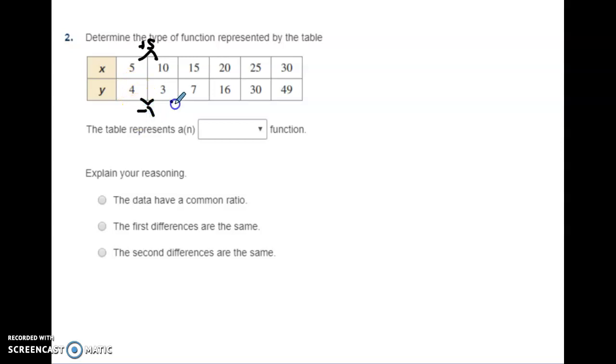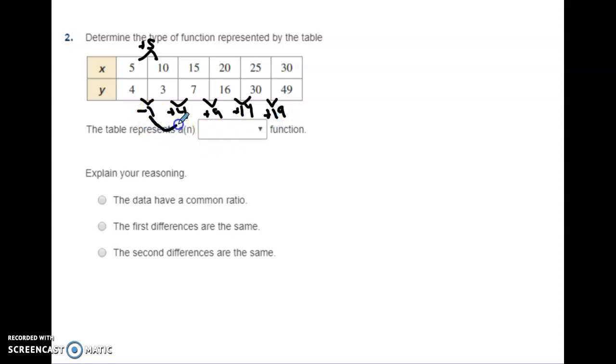That's minus 1. To get from 3 to 7, that's plus 4. They're not looking like they're going to amount to anything, but just keep going because sometimes there's a pattern that you just don't see yet. So that's a plus 9, and this is a plus 14, and then it would be plus 19. That's obviously not a common rate.